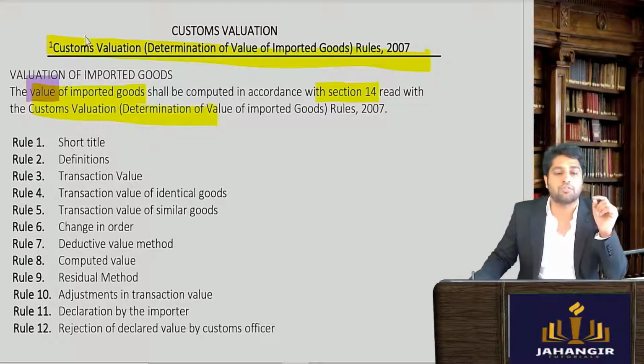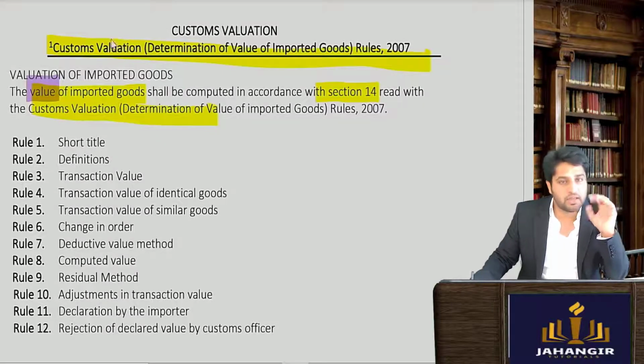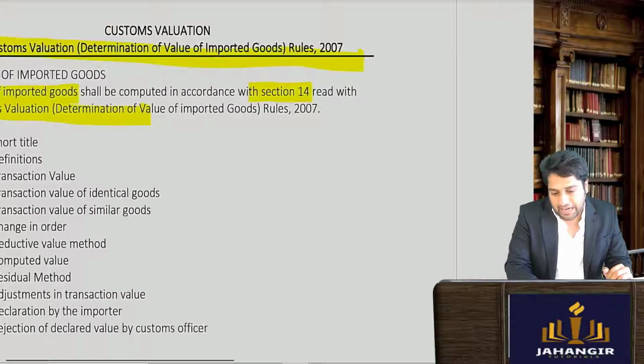Now there are a total of 12 rules given here. It's super simple, and we will try to classify them. Firstly, I'll classify them.